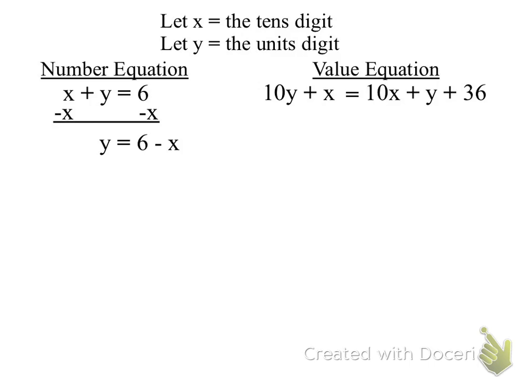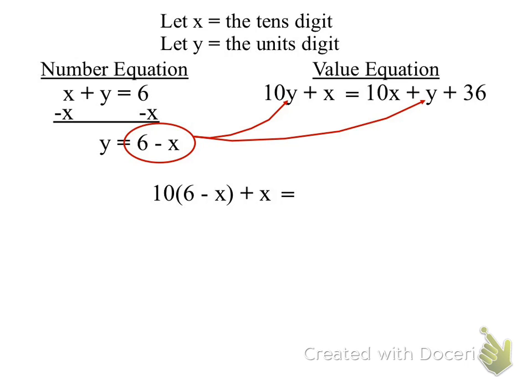So how's it going to read? 10 times the quantity of 6 minus x plus x equals 10x plus 6 minus x plus 36. Good. There we have it. Good job, Michelle.